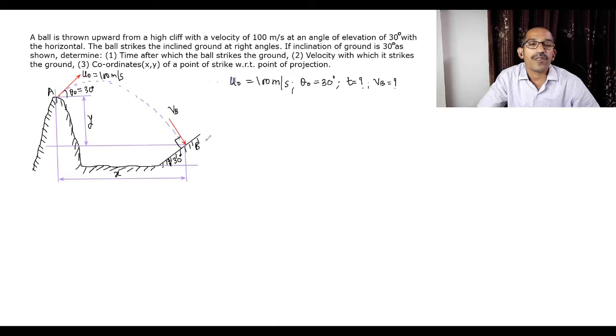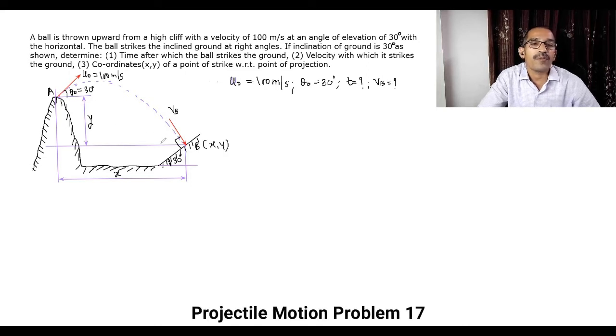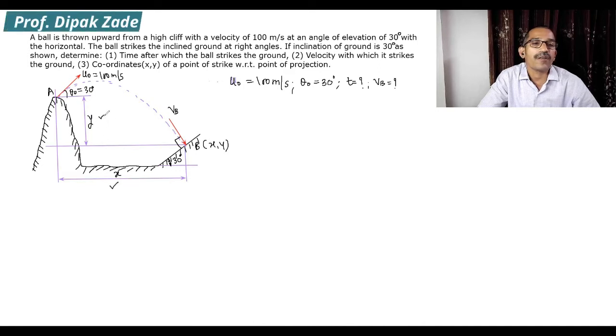If this point is B, then from A, point B is at a horizontal distance x, and B is below point A at a distance y, which is unknown. So coordinates of B means you have to find x and y.